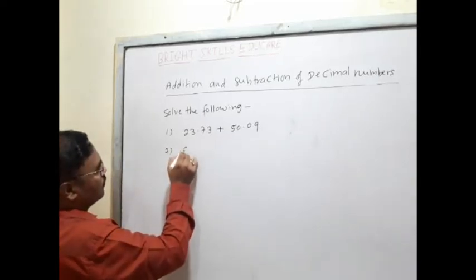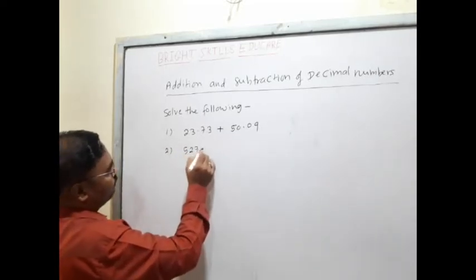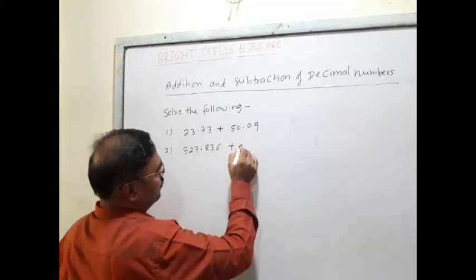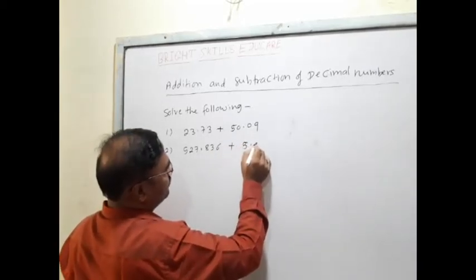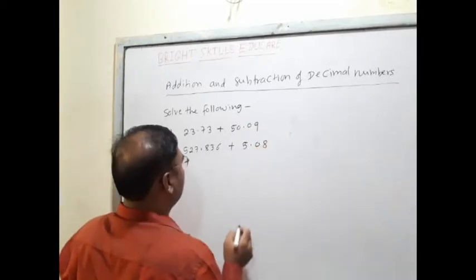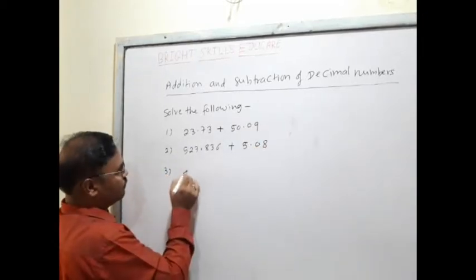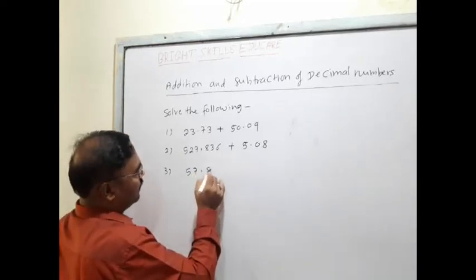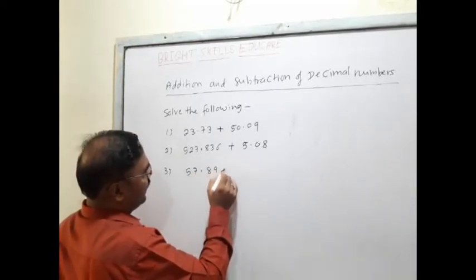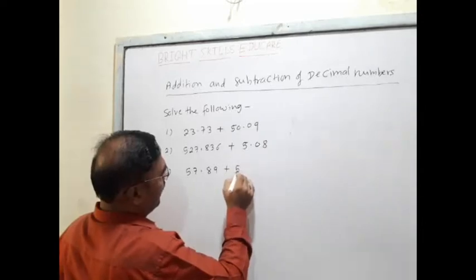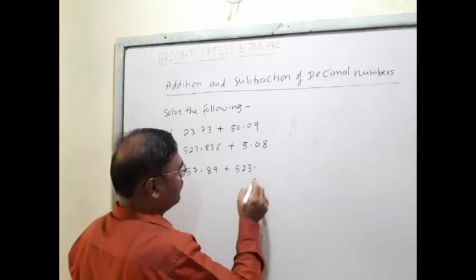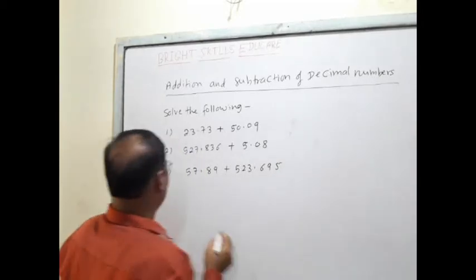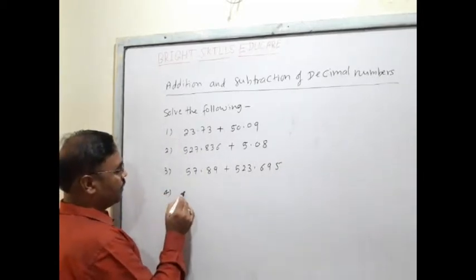Second sum, 527.836 plus 5.08. Third sum, 57.89 plus 523.695.